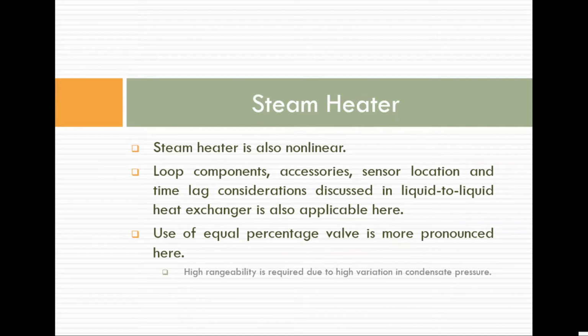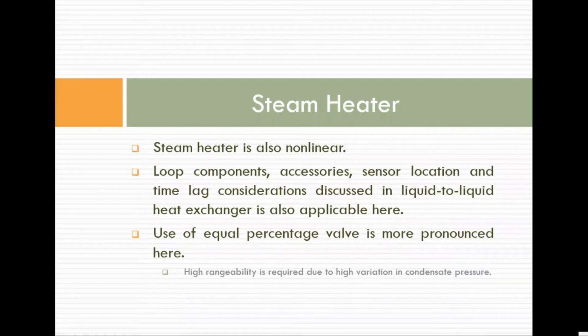If you want to increase the temperature of the process medium beyond a limit, if the step size required is large, then we have to transfer that much energy to the process medium. Only steam can provide that much energy, so that we can increase the temperature beyond a limit.